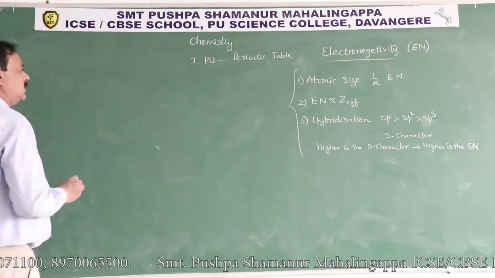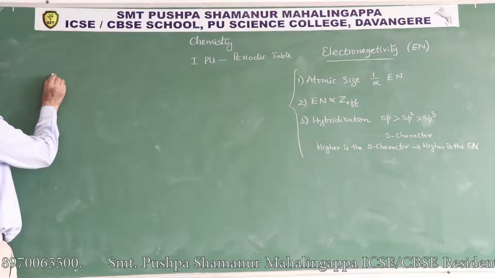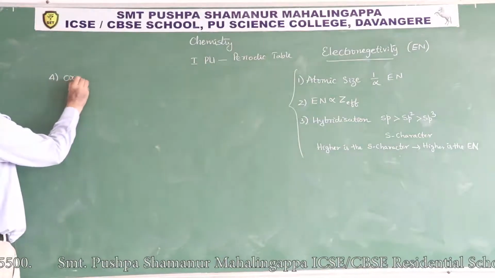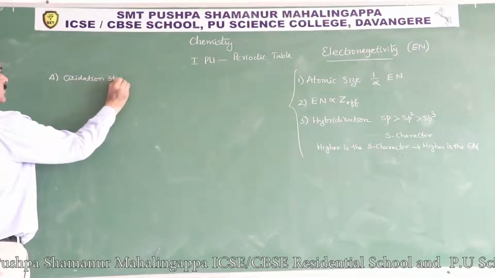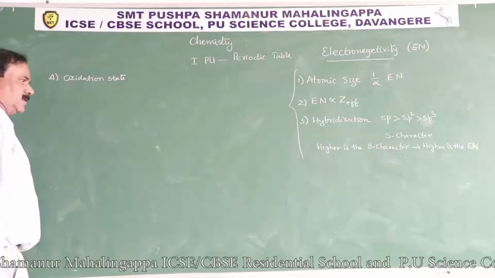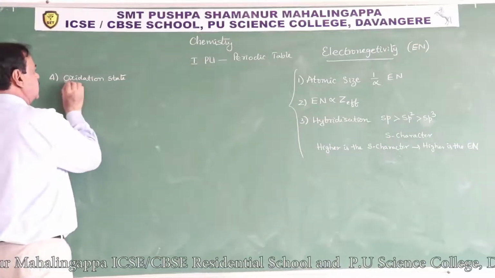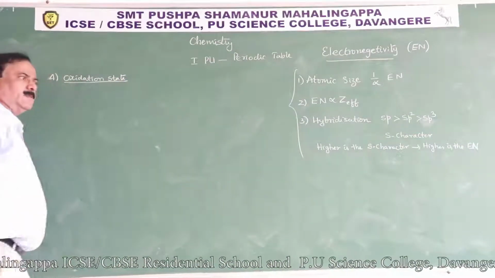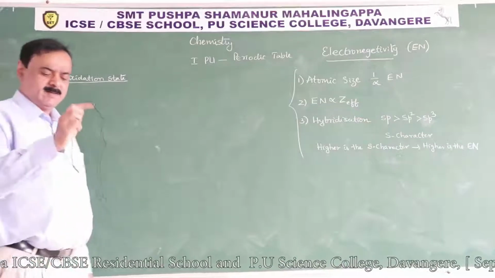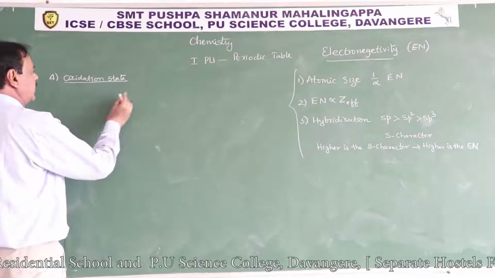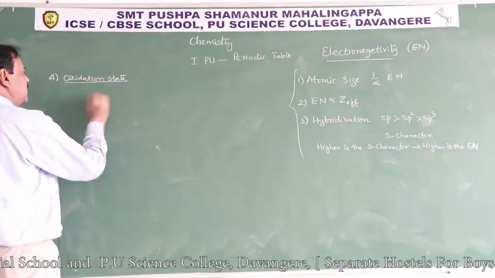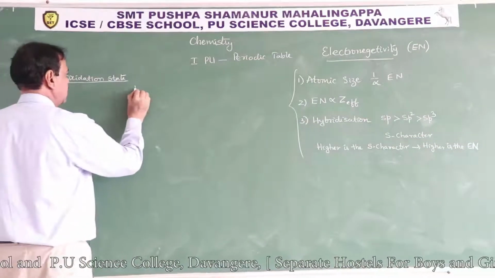Next one is oxidation state. There is a fourth factor, that is oxidation state. Oxidation state is nothing but the charge carried by the cation or anion. For example, which one of the following is most electronegative?